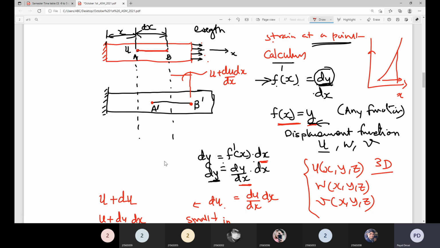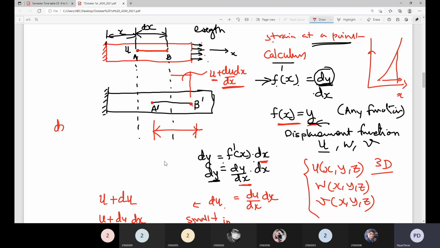So increase in u is from b to b dash is u plus du by dx. But if I want to write the total change in the length, that is this length, instead of u I will write dx यहाँ पे. Okay, but change will remain same because it's the linear displacement which is increasing with respect to x, and it is in addition to the dx length.